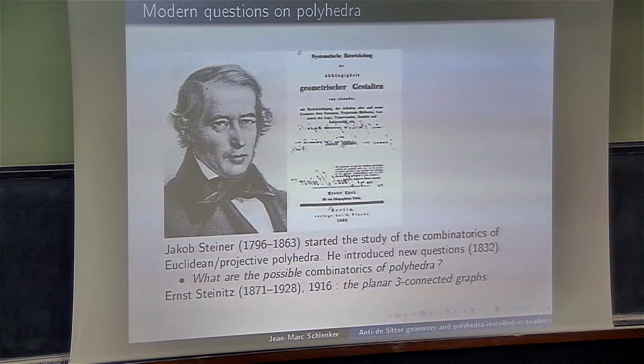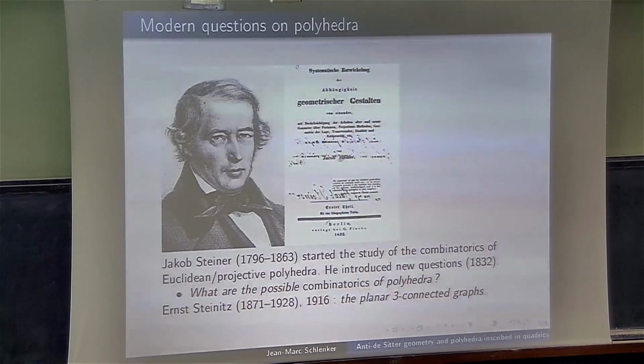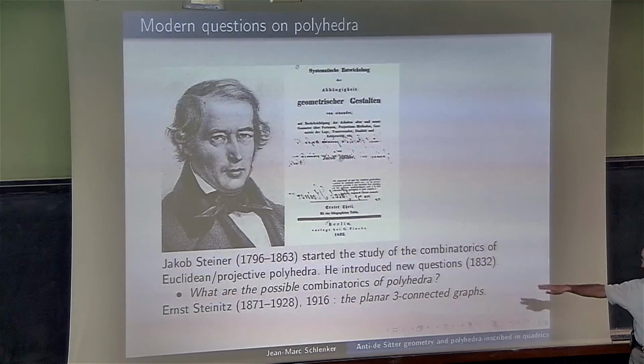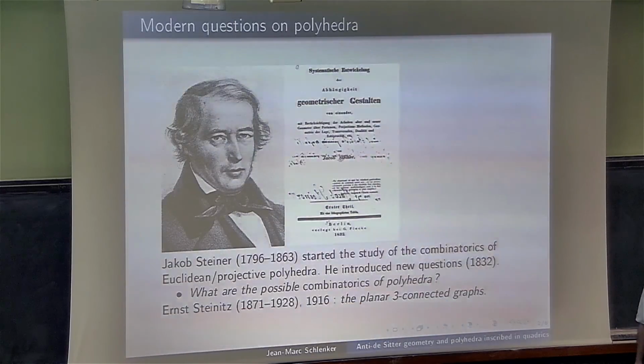And he introduced a number of questions, especially in this book, which was maybe his main work, published in 1832. For instance, he asked the following question. What are the possible combinatorics of polyhedra? Polyhedra meaning, in this talk, convex polyhedra in Euclidean free space or in projective space, because those questions are mainly projectively invariant questions. So this is a natural question, and it took a little bit less than 1 century to be answered, and the answer was given by Ernst Steinitz in 1916.